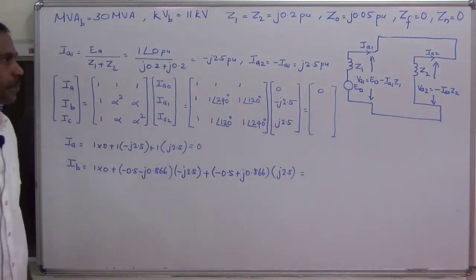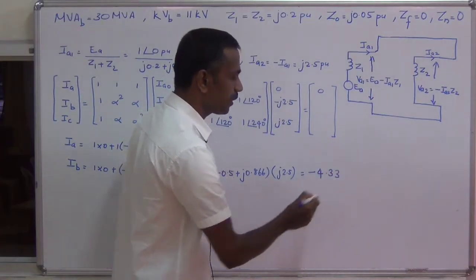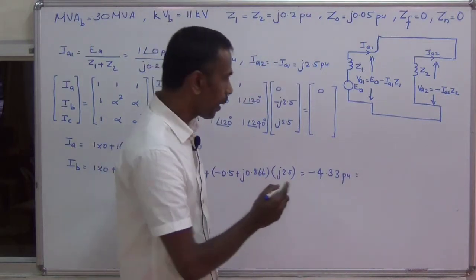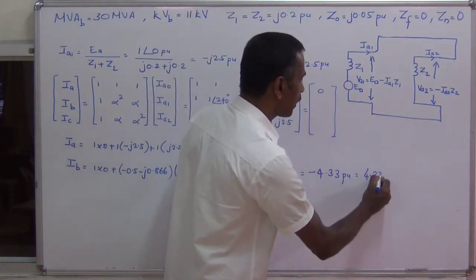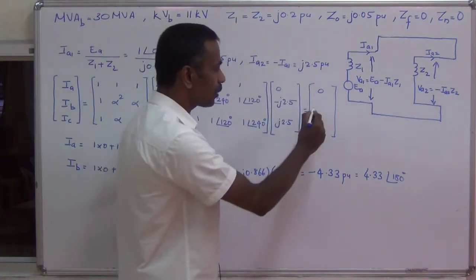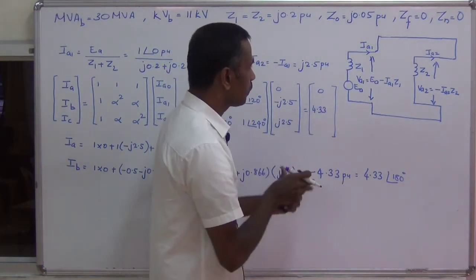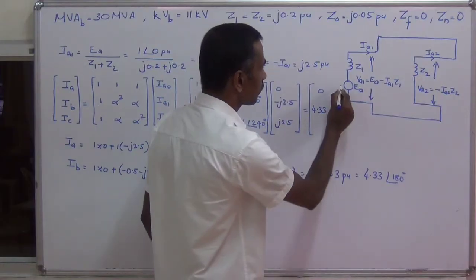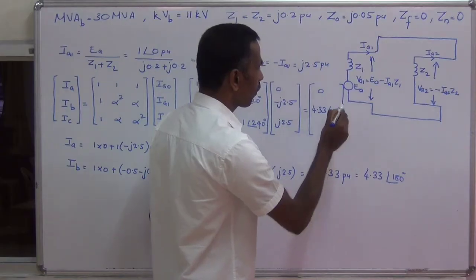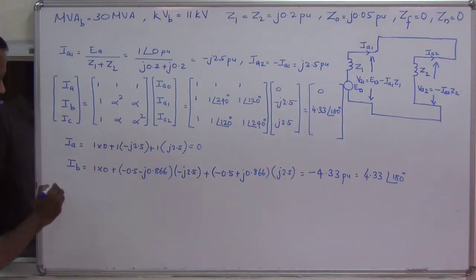And this is equal to minus 4.33 per unit. Minus 4.33 can also be written as 4.33 angle 180 degrees. So this is our B phase current.